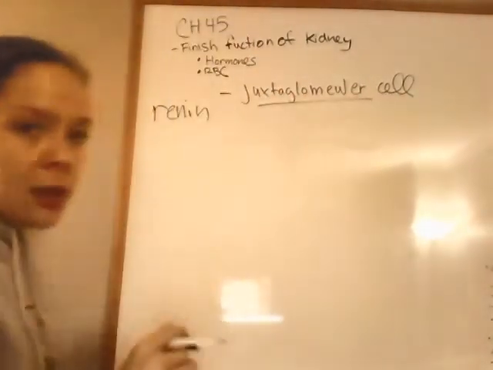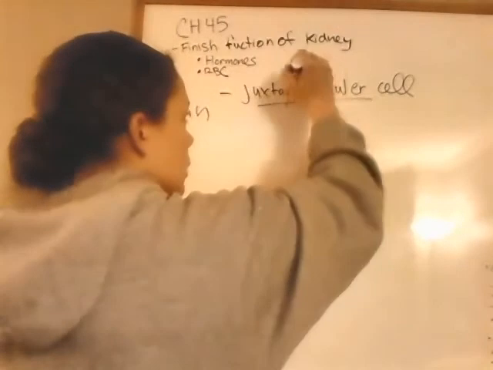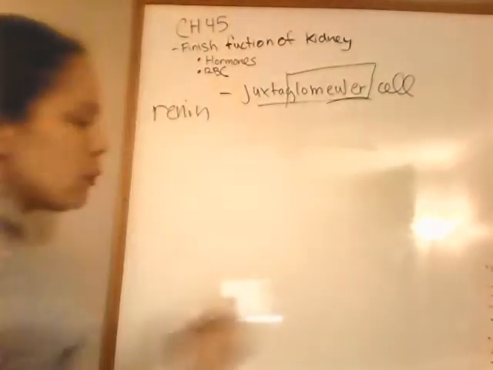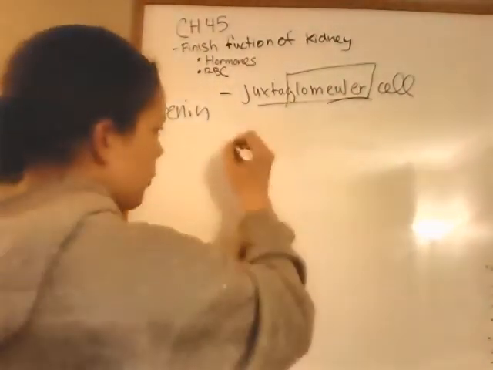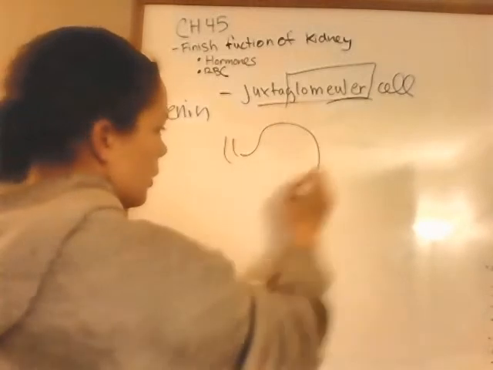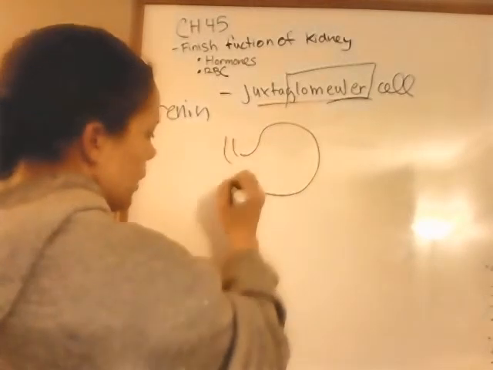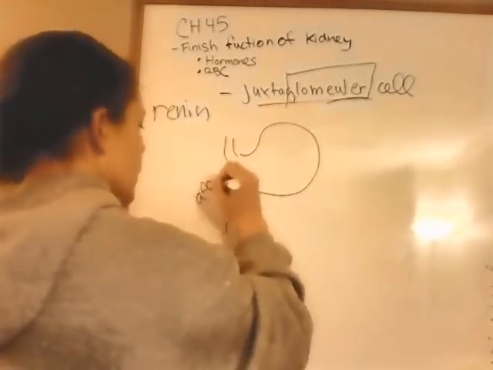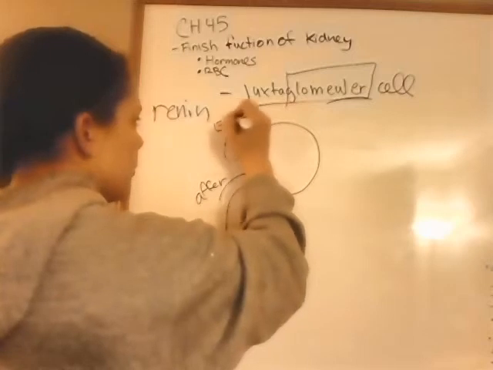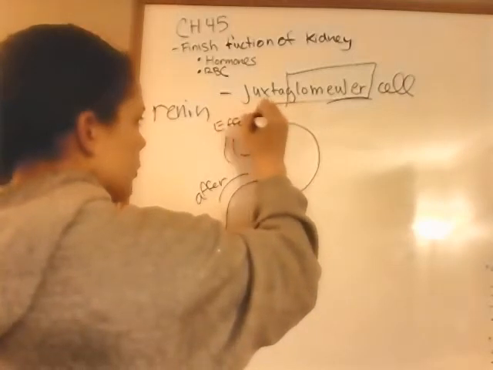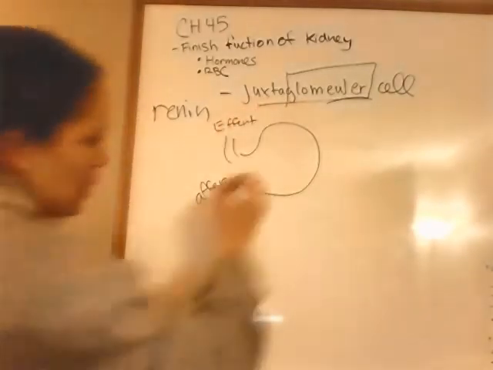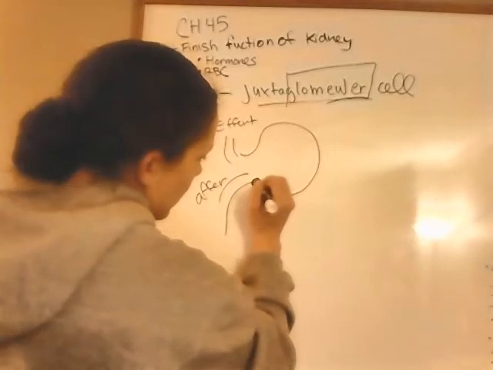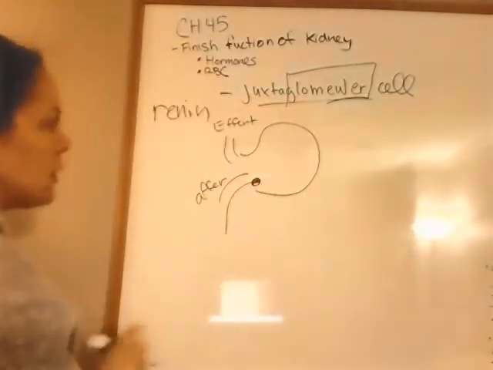Now this cell is located, as you might guess, here in the column. If you can think back to that nephron, remember we had the nephron, we have this whole setup. This is your afferent, and this was your efferent. So there is a little part right here that is going to sense when it's not getting enough blood pressure.